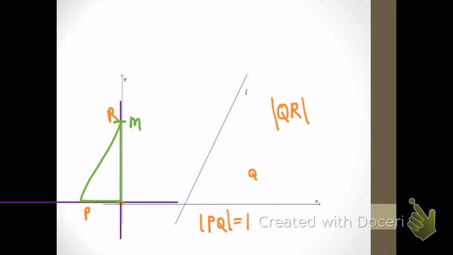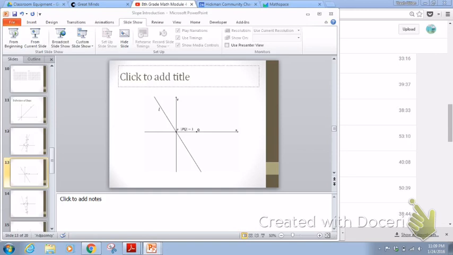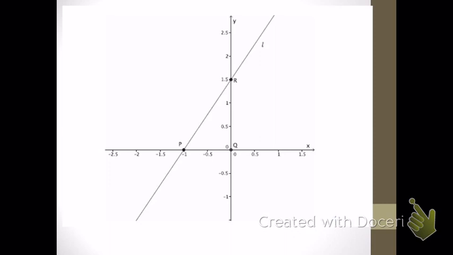Okay, so let's look at an example of that. In this example, we have a point P and a point R, and we can see our point Q at the origin. Notice that from P to Q is 1 unit.